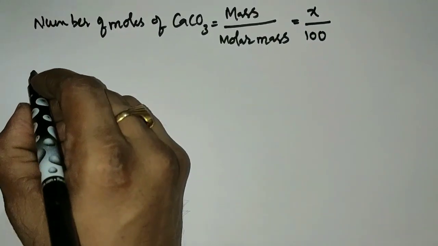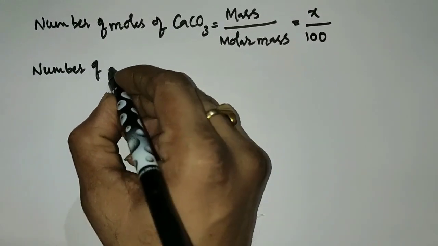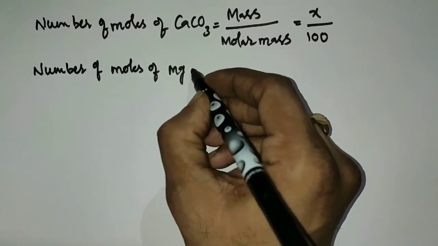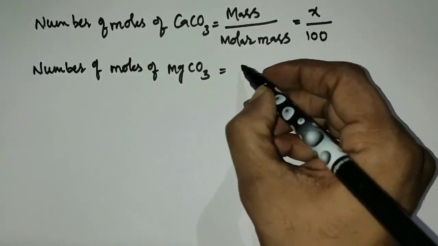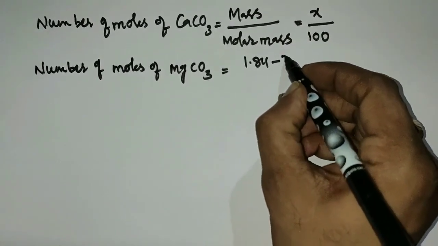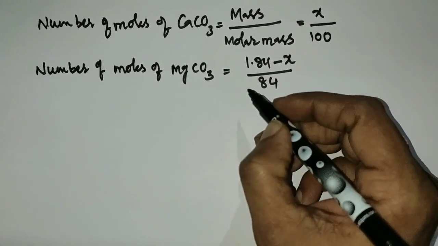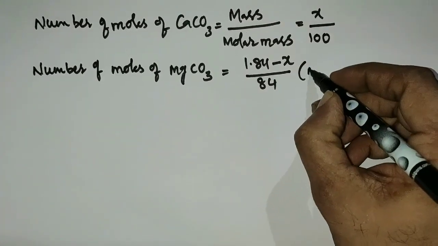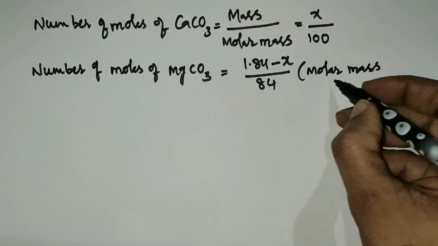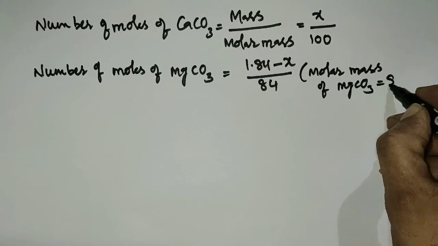In the same way, number of moles of MgCO3 will be equal to 1.84 minus x divided by 84. Molar mass of MgCO3 is equal to 84.